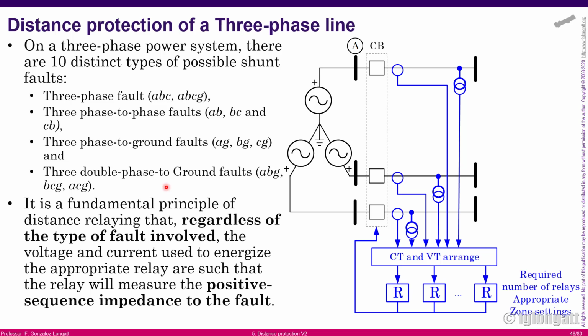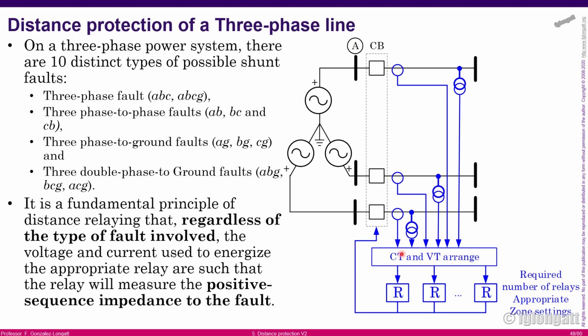okay? On the right hand side here, what you can see is, okay, if we are working in a three-phase transmission line, we need signals, voltage signals and current signals, and we need at least three of them for voltage and three of them for currents, okay? And that is when we have at least three current transformers and three voltage transformers, okay?